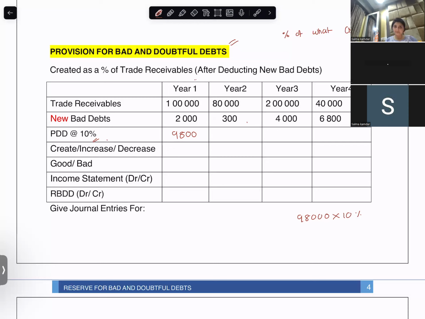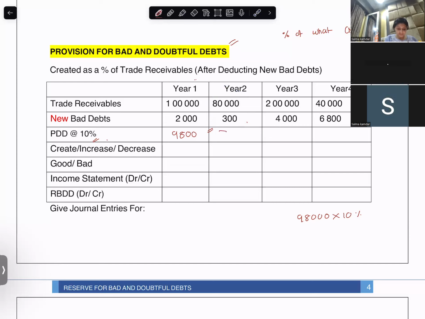For this, what will be the PDD? What is the provision? 7,970.